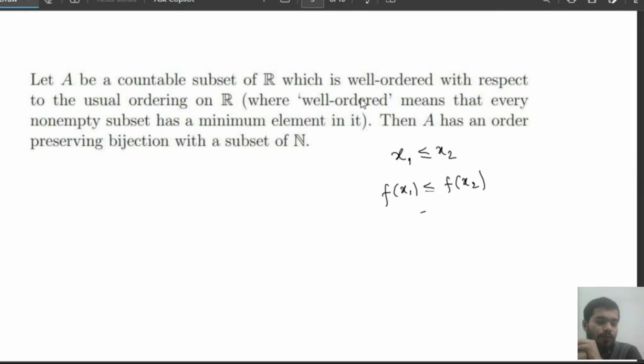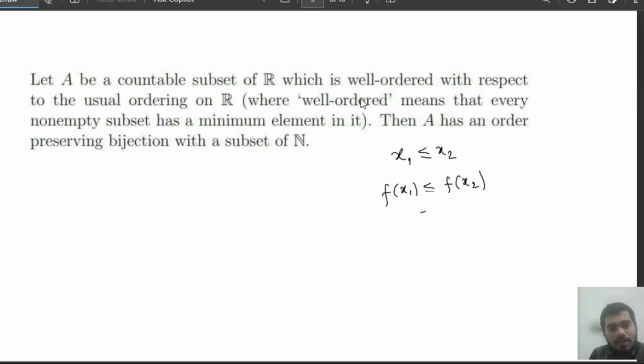Okay, let me do it. Here's an interesting property of N that we can utilize to give a counterexample. The interesting property is that the set of natural numbers doesn't have a supremum. That is because it goes to infinity, so it does not have a supremum, and we will utilize that.